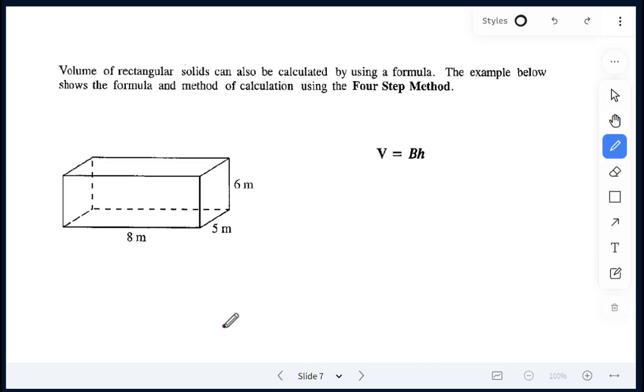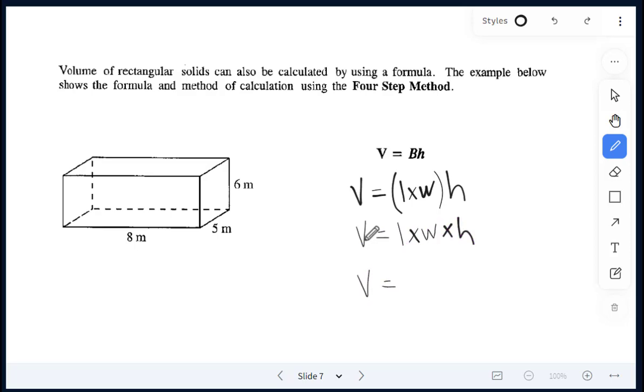If we're trying to find the volume of a rectangular solid, we just need the formula here, which is the area of the base multiplied by the height. So we know the area of the base of a rectangle is its length times width. That's the area of its base. And then we just have to multiply it by its height. So that just becomes its length times width times the height.